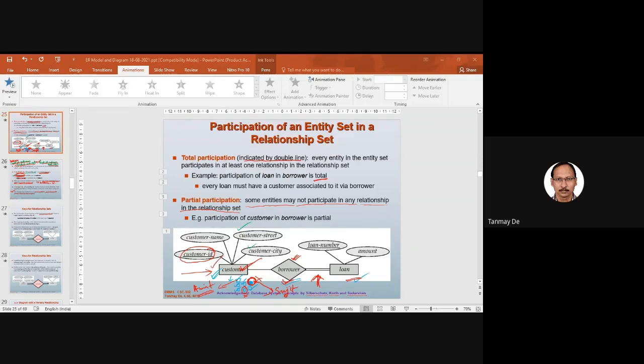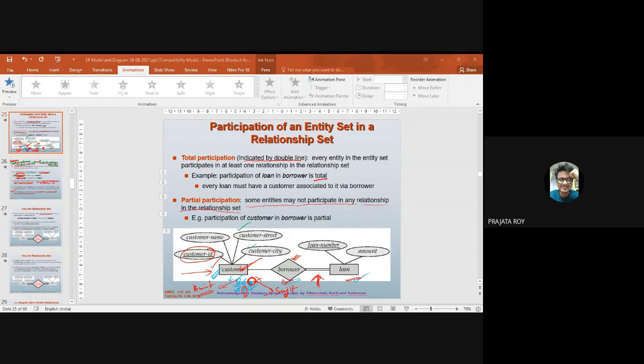What are descriptive attributes? I already discussed this in our previous class. In the borrower or depositor relationship, if there is a date attribute present, that is a descriptive attribute.